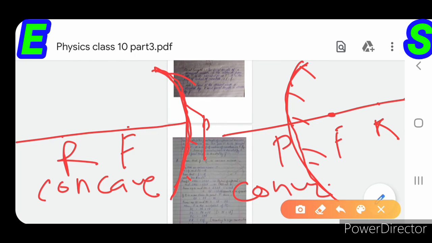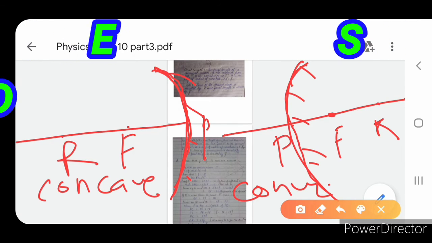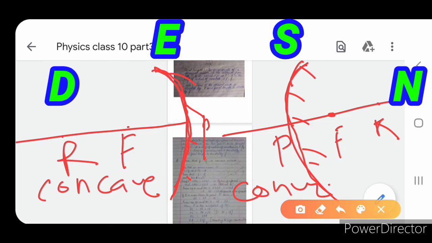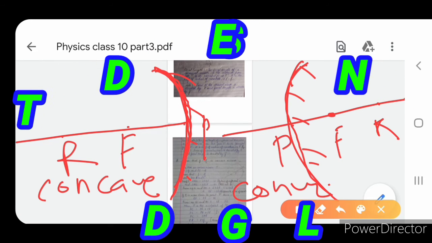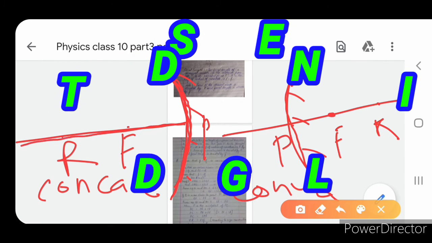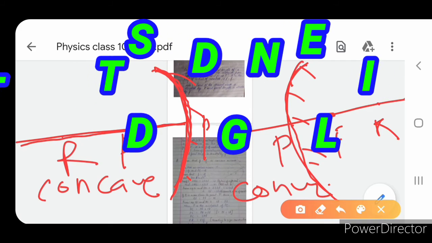Now look, according to sign convention, the distance in front of the mirror is taken as negative, and the distance behind the mirror is taken as positive.